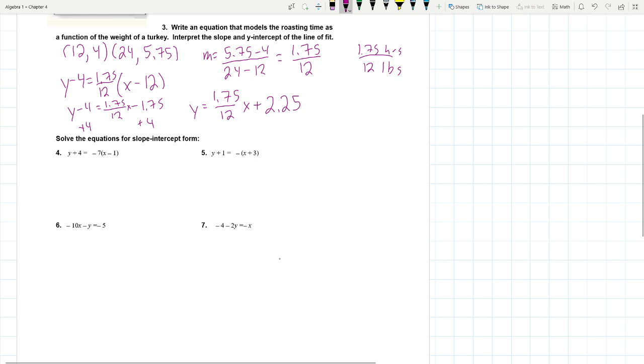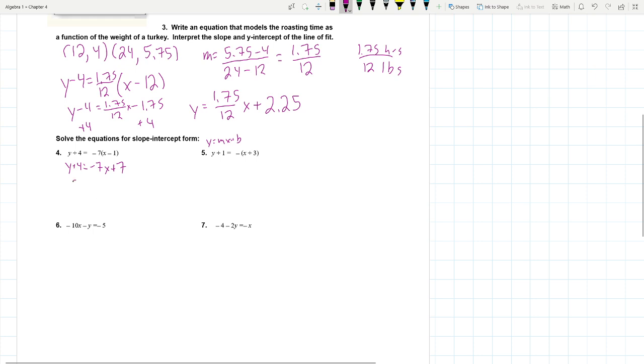Alright, numbers 4, 5, 6, and 7 ask us to solve the equation for slope-intercept form. That means we're going to change each into that slope-intercept form, y equals mx plus b. Looking at number 4, I'm going to first distribute that negative 7, so I get negative 7x plus 7.